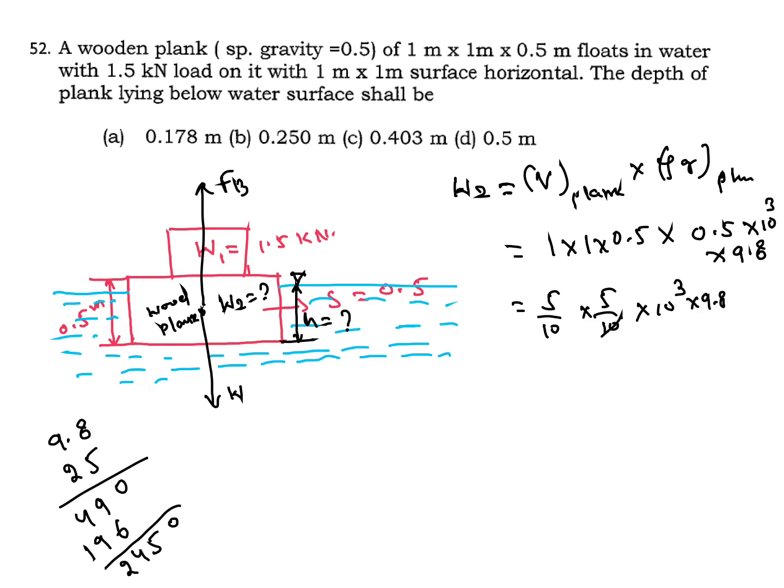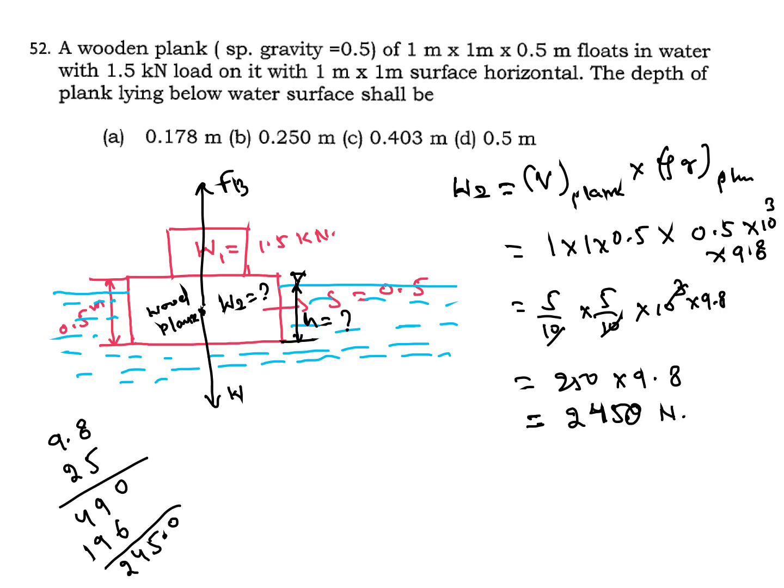Here we'll get 2450 Newton. So W1 in kilonewton, so 2.45 kilonewton.